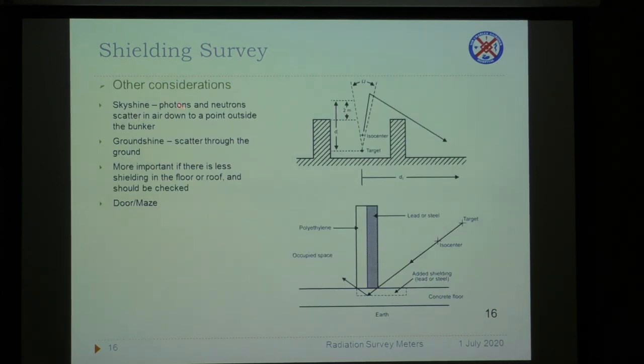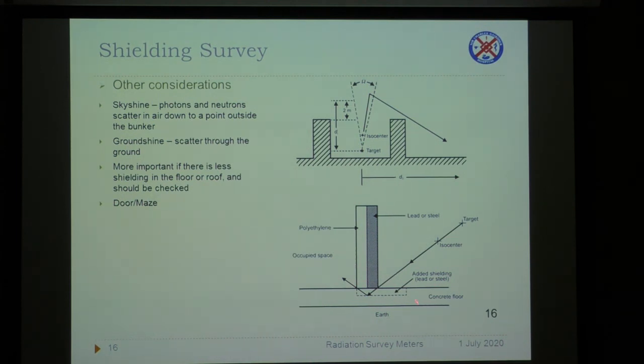And then other considerations. Sky shine radiation could bounce off the atmosphere or the roof and come down to a person standing out here, so you want to account for that and do a survey out in the distance. And ground shine, so for example, if you have less shielding in this component compared to here, this door is lead plus polyethylene and this is just a concrete floor, there's more dose that could easily bounce off and come through here.